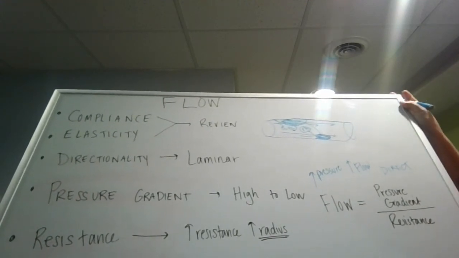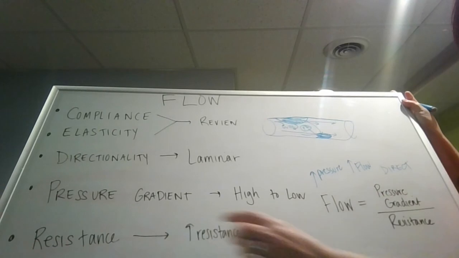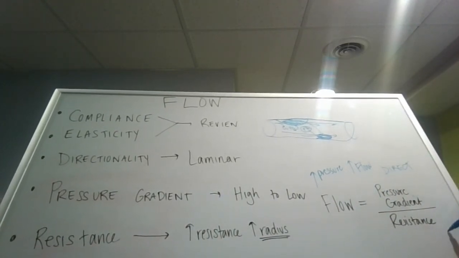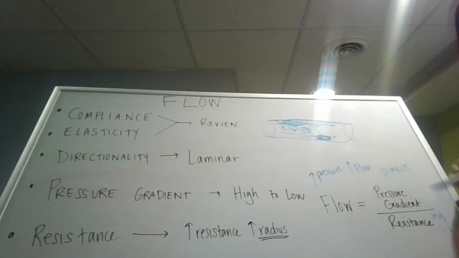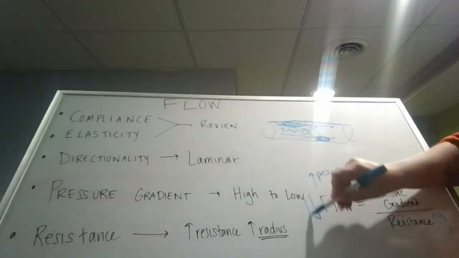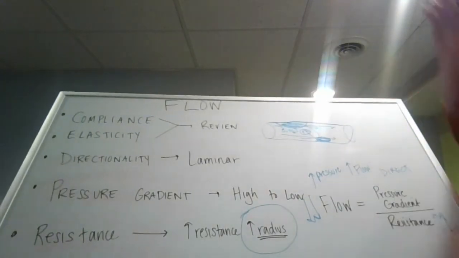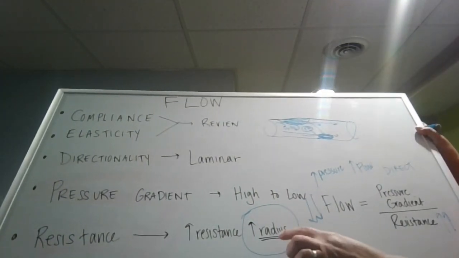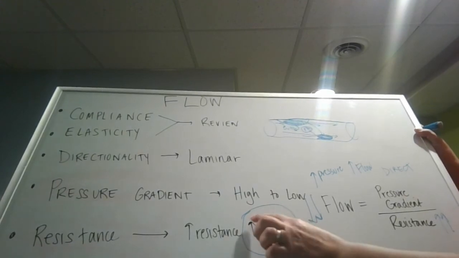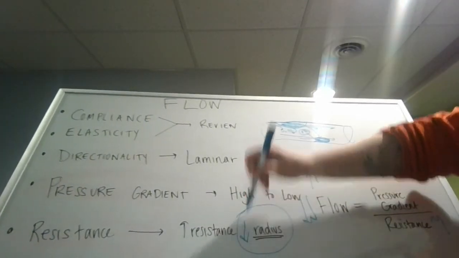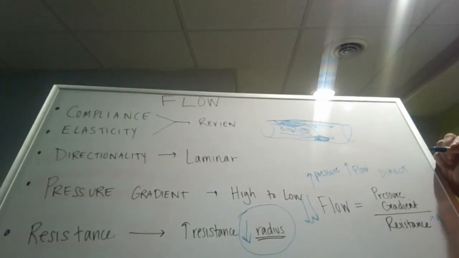On the other hand, resistance has an indirect relationship with flow, meaning if resistance increases, then flow decreases. The largest influence on resistance is radius. If the radius decreases, then the resistance goes up.